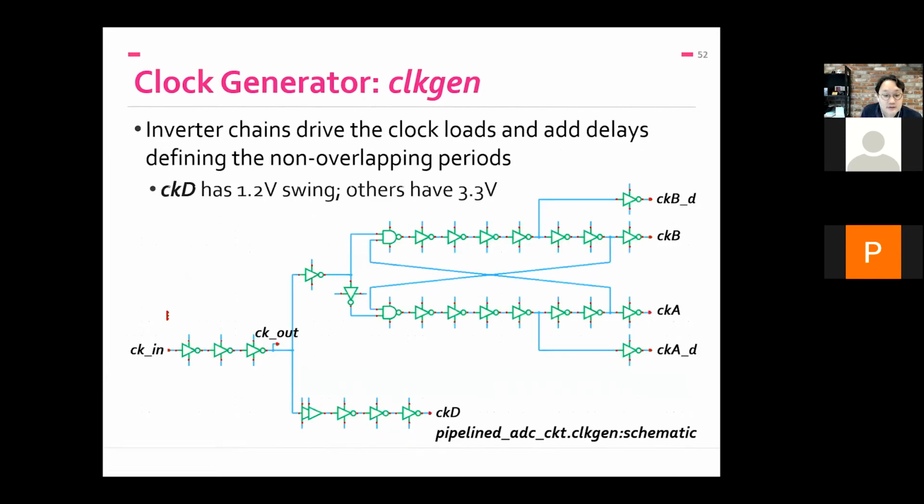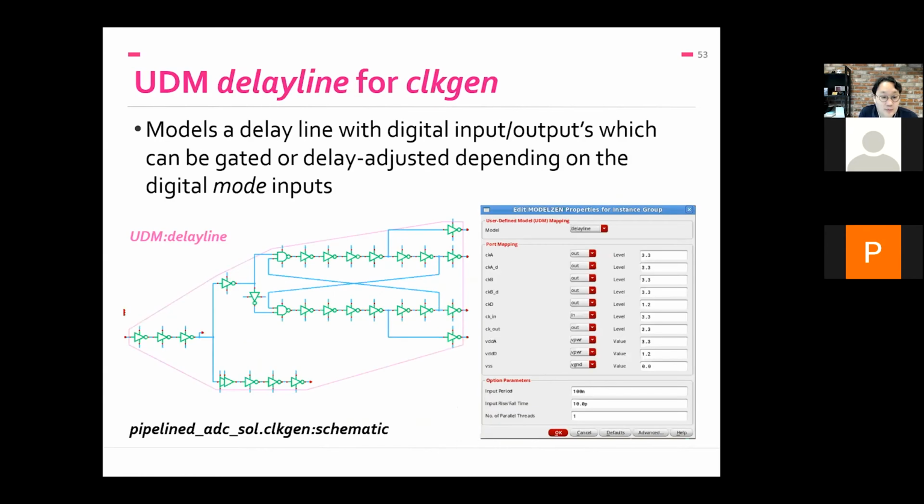For this switch capacitor design, there are clocks that should have a certain relationship between the two. For example, they must be non-overlapping. So for this one, we use a UDM which I didn't really explain. We call it delay line. This will generate digital Verilog code that will have a delay between input and outputs.